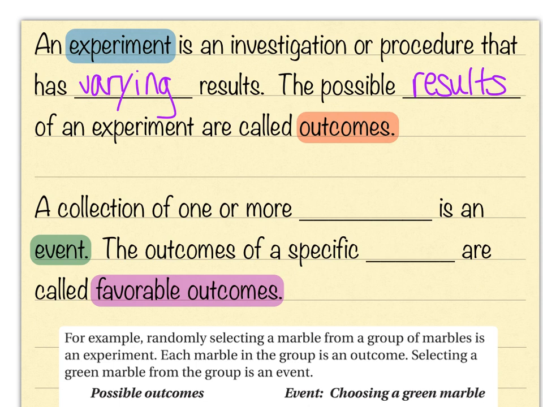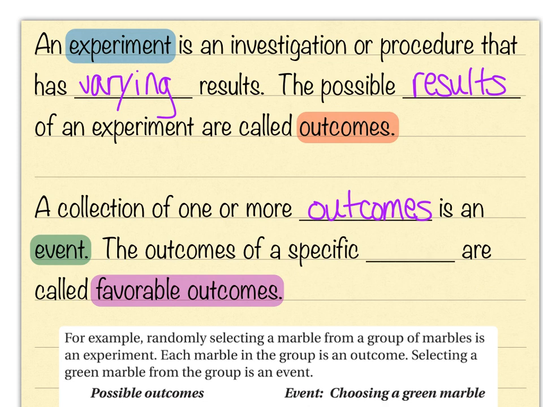So the outcomes of flipping a coin are heads and tails. The outcomes of rolling a number cube are 1, 2, 3, 4, 5, and 6 if I roll a six-sided die. A collection of one or more outcomes is called an event. So if I'm flipping a coin and I want to get heads, then me getting heads is the event.